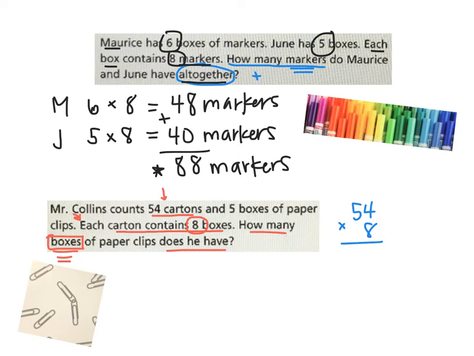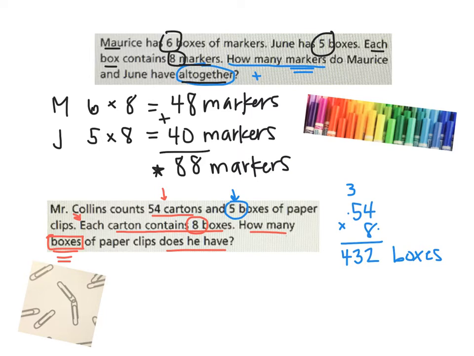8 times 4 is 32. Bring down the 2 and carry up the 3. And then 8 times 5 is 40 plus 3, 43. So far he has 432 boxes from all of those cartons. And then notice that he also had 5 boxes of paper clips. So he just had some off to the side of his workshop or wherever he is.